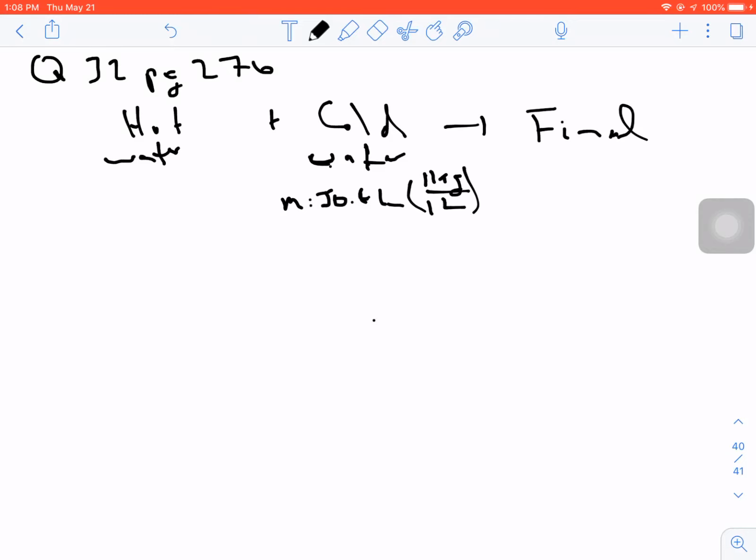A kilogram is a liter, so my mass is 50 kilograms. If I look at my hot water, mass is unknown.